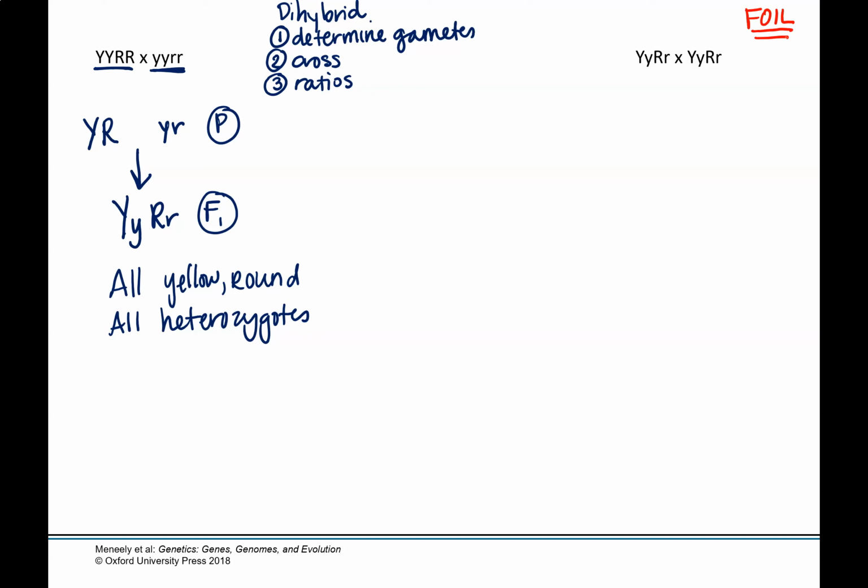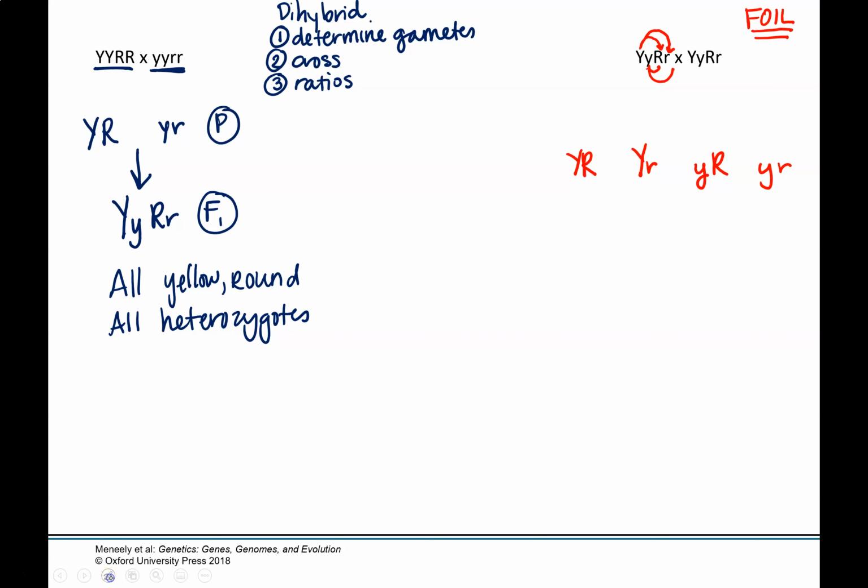So for the parent on the left, we're going to FOIL the gametes. So first, the first Y with the first R. So the first gamete is big Y, big R. Outer combination is big Y, little r. Inner, little y, big R. And then last, little y, little r.